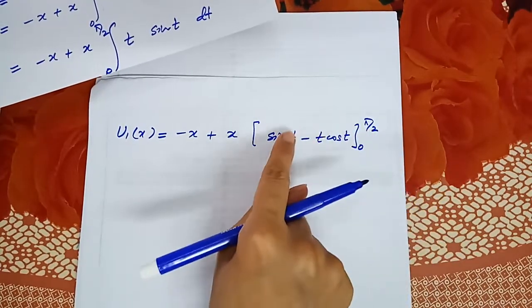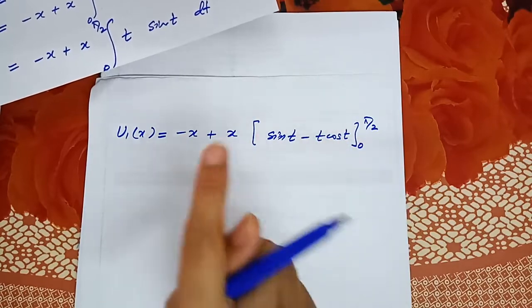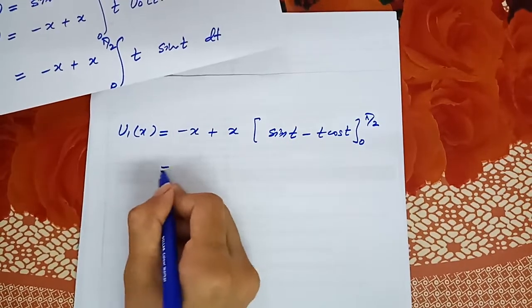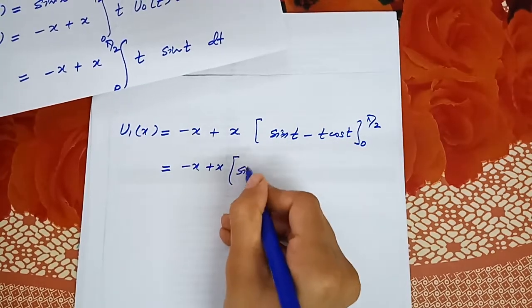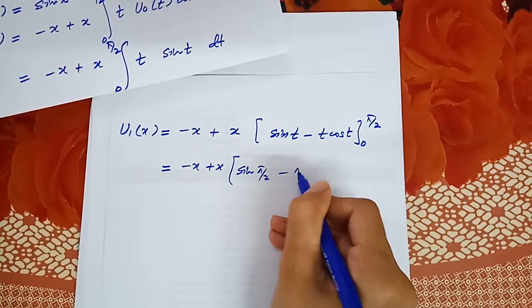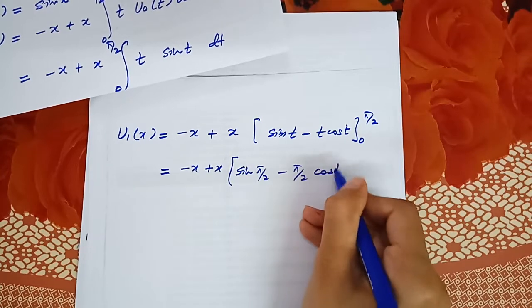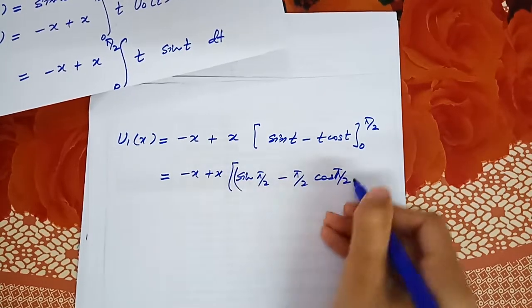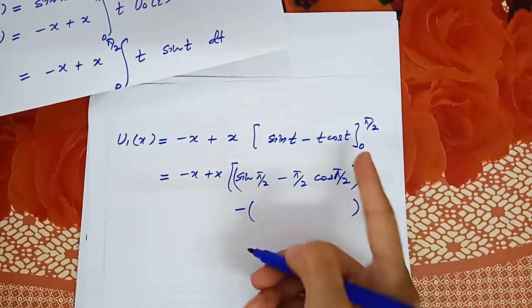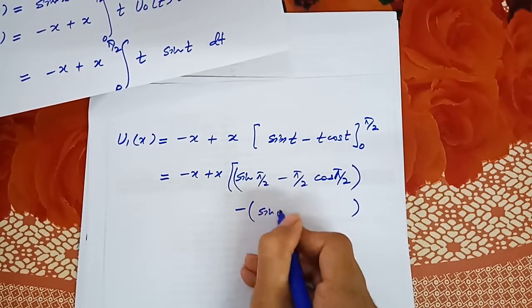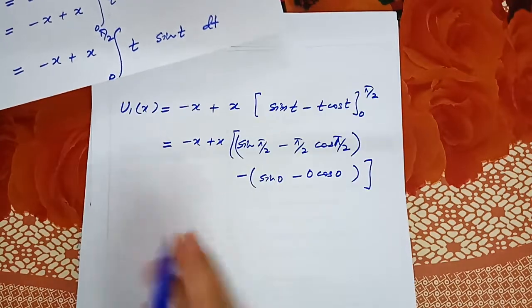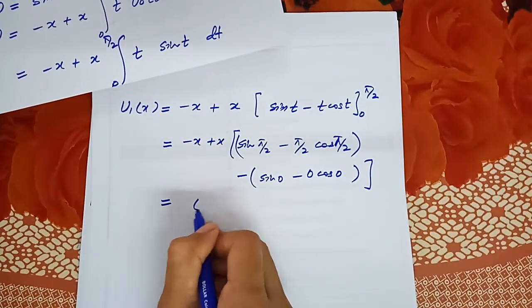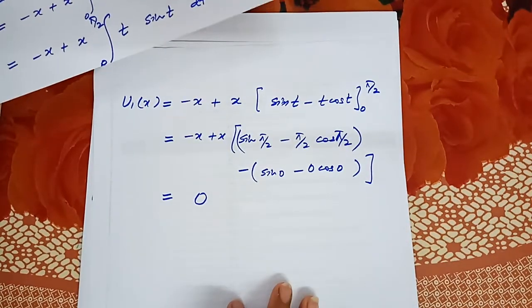First of all we plug in the upper limit, then minus the lower limit. So we get minus x plus x times, first using the upper limit, then a minus bracket and now put the lower limit, sine of 0 minus 0 cosine of 0. After simplification we will get 0 as our final answer.